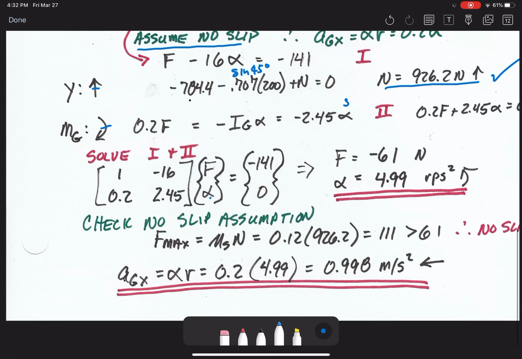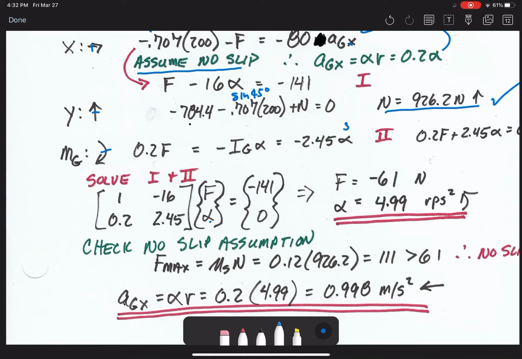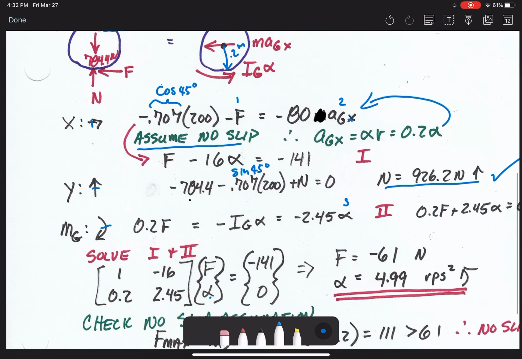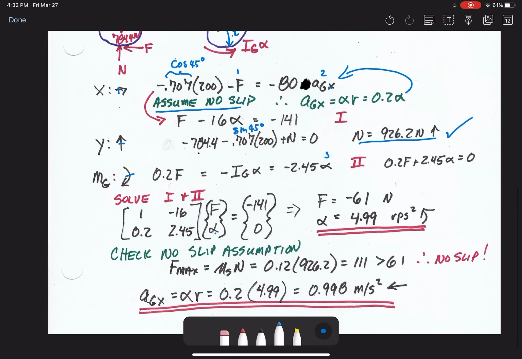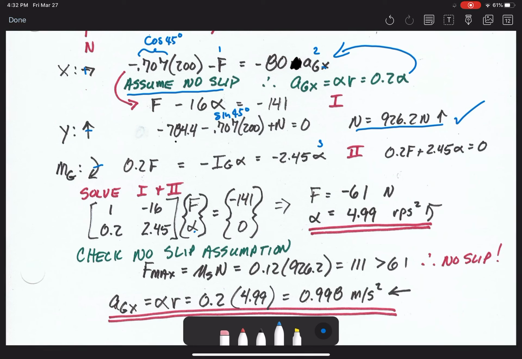In that case, F max equals mu_s N. From the y direction, we already know N equals 926. Mu_s is 0.12, so you get 111, which is greater than 61. So the no-slip assumption is good, and you don't have to continue.